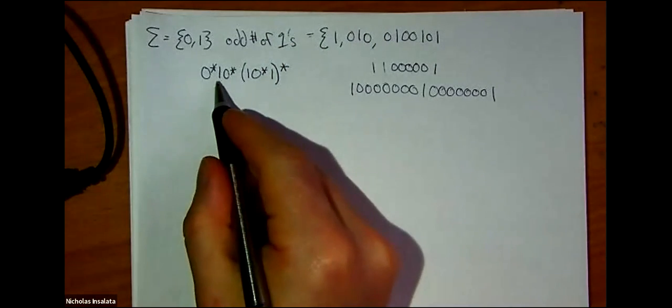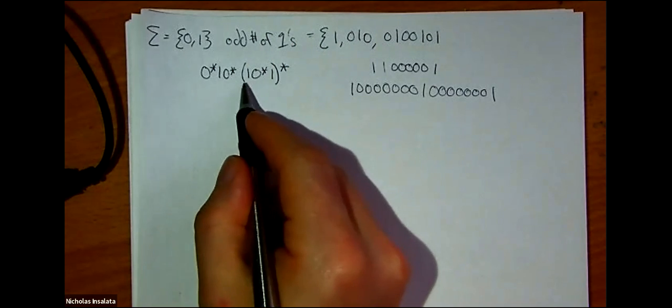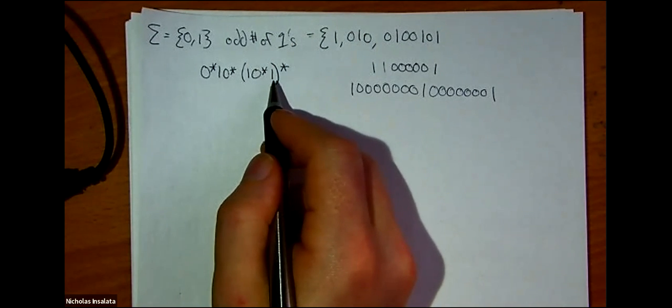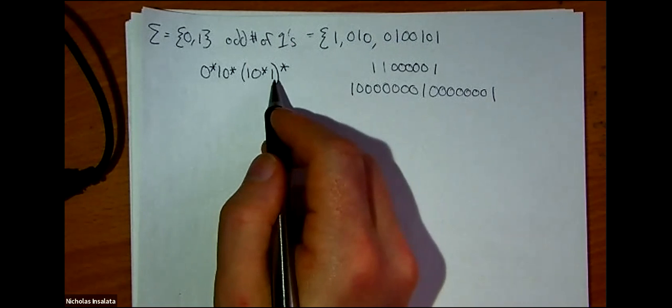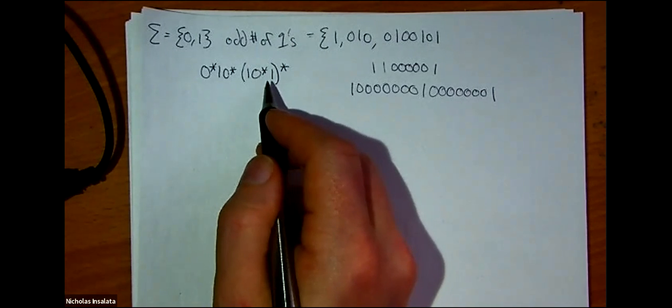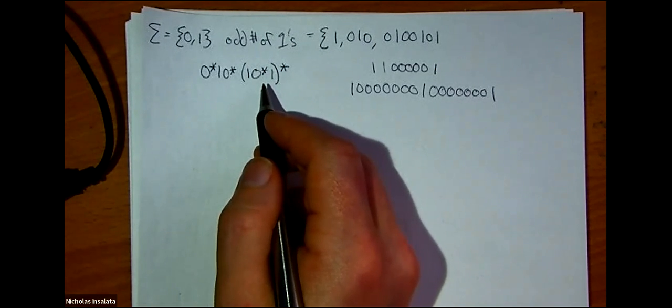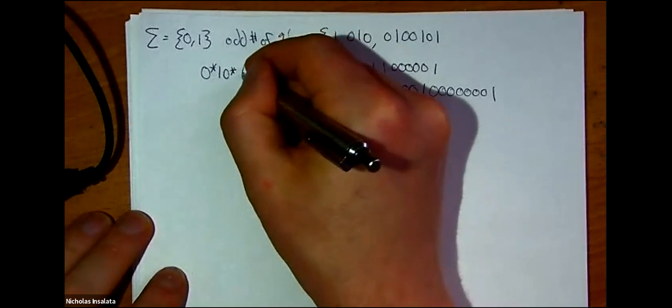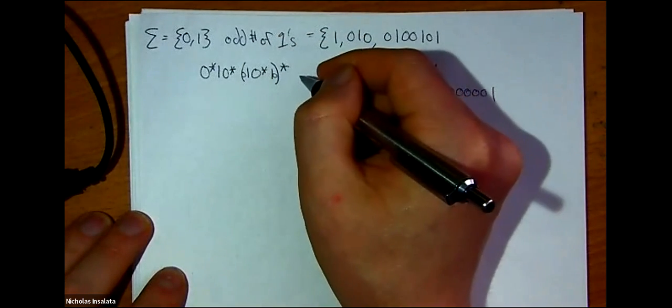Because you have the first 1, and then this makes an even number of 1s, right? But I think the problem with this is that you would need to have more 0s before or after the 1. Yeah, I agree. That one seems good. Yeah, exactly. Because you need to have 0s here with stars, right?